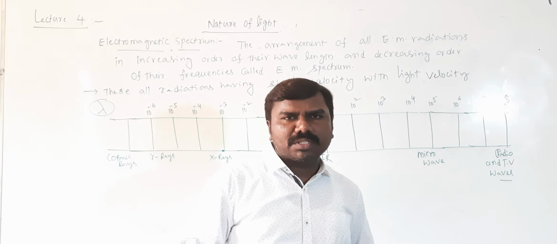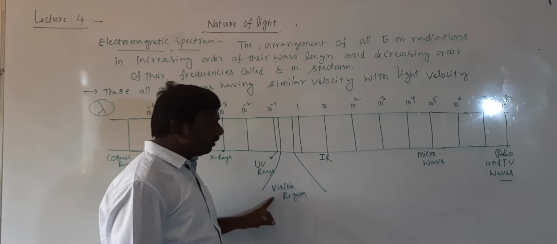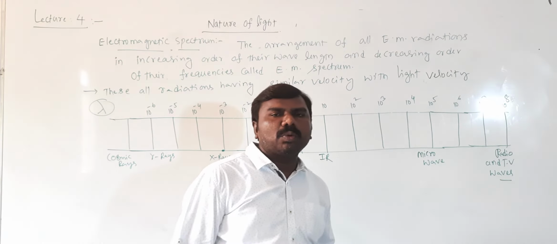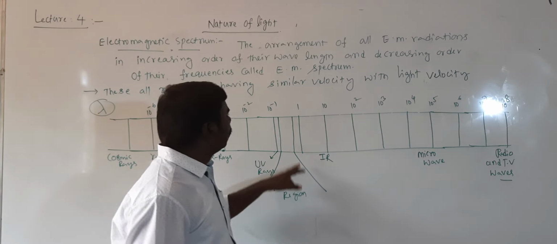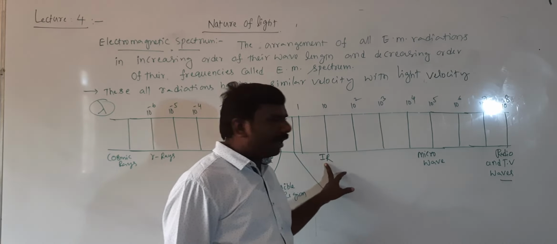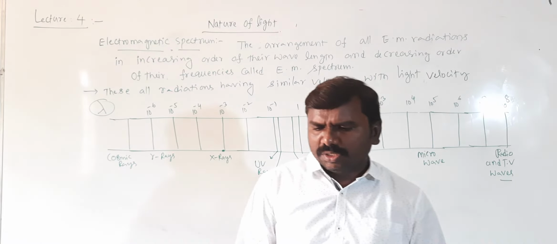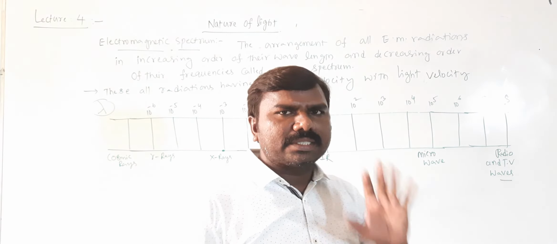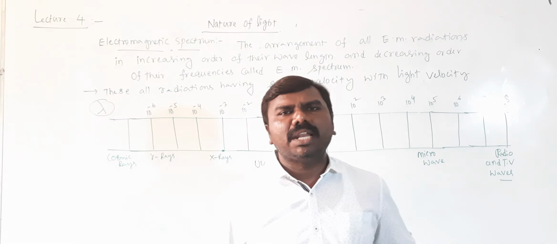Now, cosmic rays, gamma rays, X rays, in this range UV rays, in this range the visible region, VIBGYOR: violet, indigo, blue, green, yellow, orange, red colors. Next, IR, infrared rays, microwave rays, as well as radio and TV waves. It is not required, but the ranges are important. Just remember the ranges.